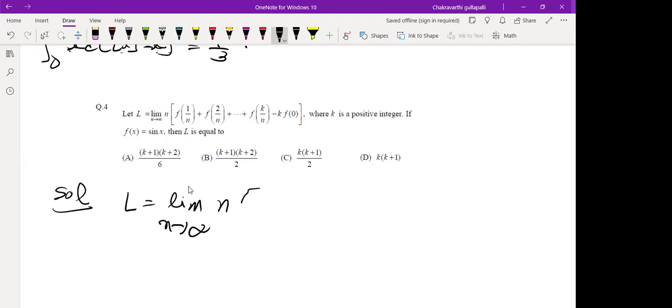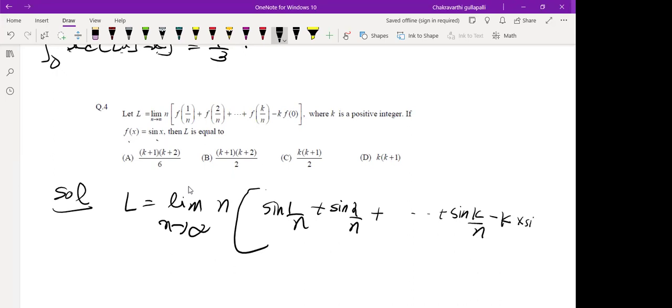f of 1 by n, where f of x is sin x. So sin 1 by n, sin 2 by n, sin k by n. f of 0 is sin 0. I have just substituted. f of 1 by n is sin 1 by n, 2 by n is sin 2 by n, k by n.